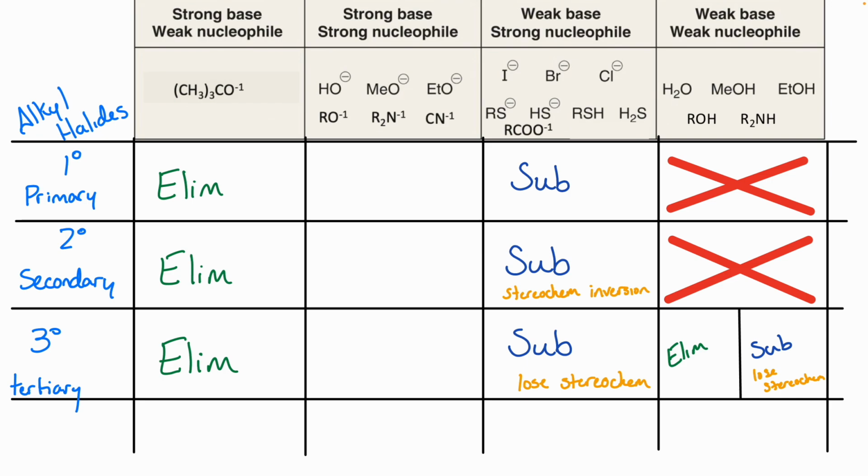Okay, so this last category, the strong category, is kind of the trickiest, or rather I think just takes a little bit more logic to explore here. So let's just take an example of our strong base, strong nucleophile. We'll use our hydroxide ion. We like that example.